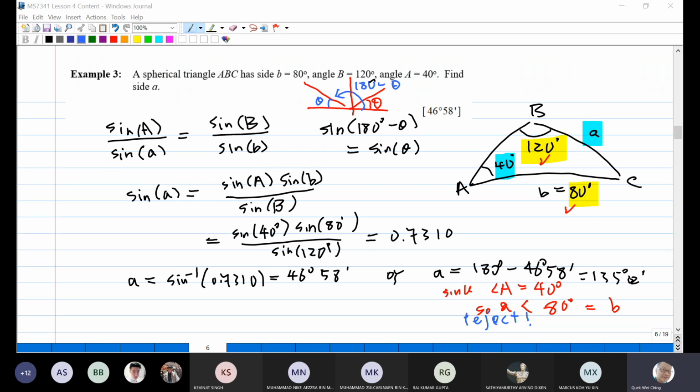Okay, so there is example 3. Next one, example 4.